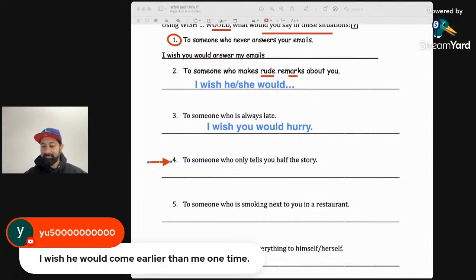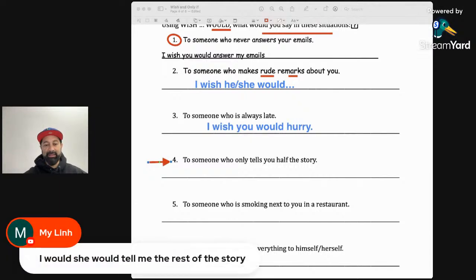Perfect. Okay. Mylin has an answer for number 4. I know it's a typo. "I wish she would tell me the rest of the story." Perfect. And I like that you said "the rest of the story."